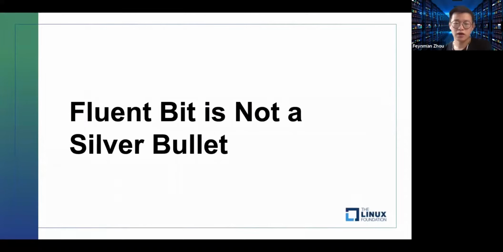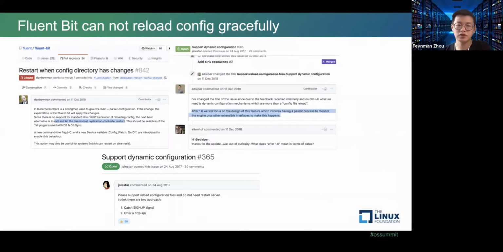You will find Fluent Bit is not a silver bullet if you have been using it for a long time, since you may face some challenges. They have some typical issues, described here, such as the restart mechanism. Fluent Bit does not support dynamic restart gracefully.